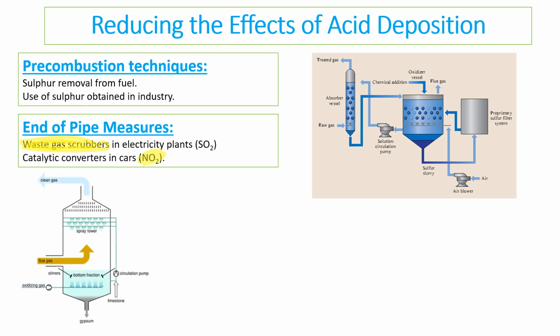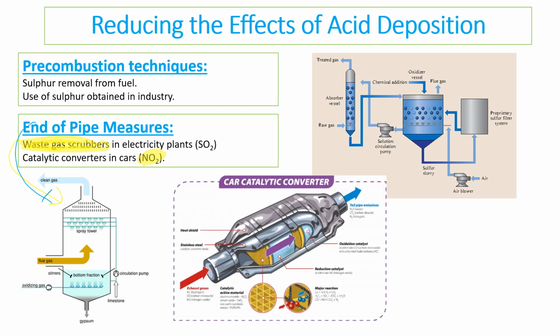So there you go, that would be an example of a waste scrubber here at the end of the power station. Okay, and a catalytic converter is part of a car which uses platinum as a catalyst to react with the nitrogen and prevent it being released.